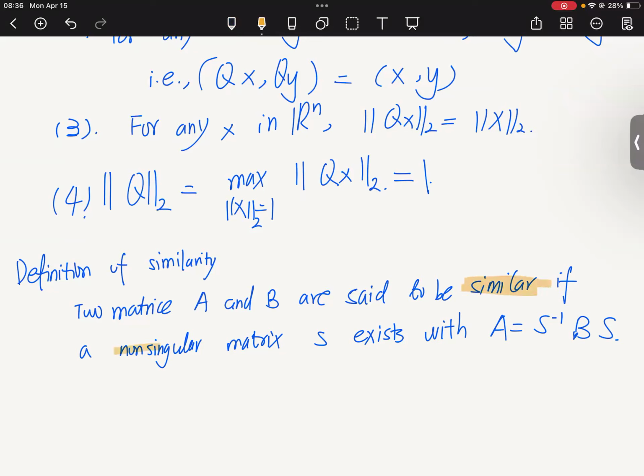Here we just require this matrix S to be non-singular.